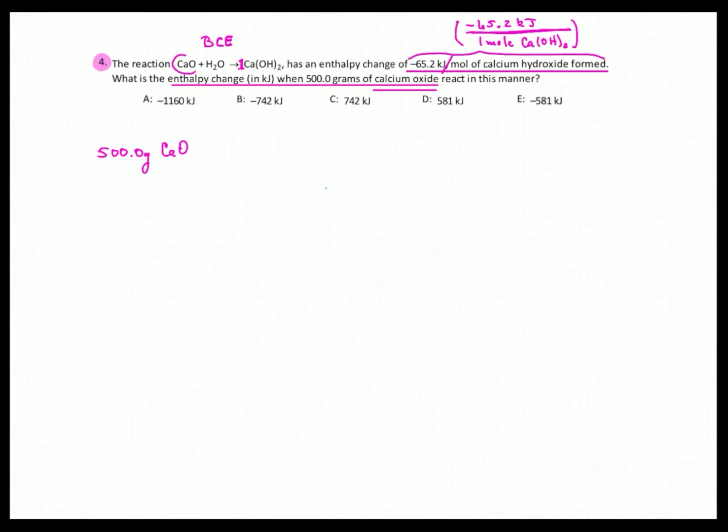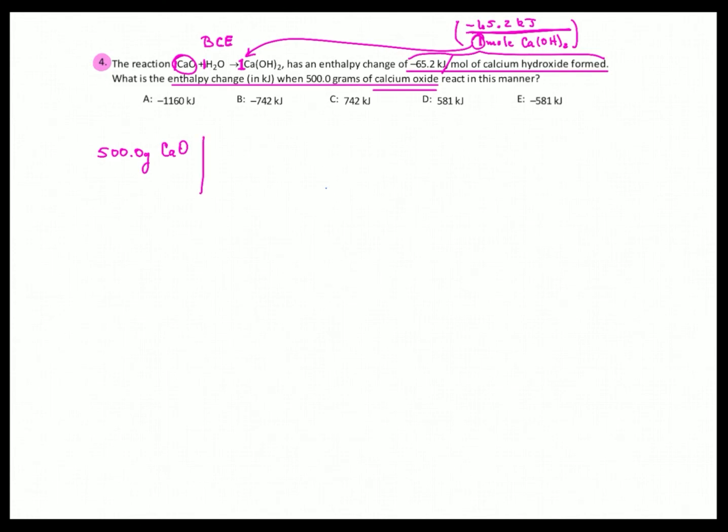So it's telling us how much of this is going in, and it wants to know heat coming out. Because the relationship they gave us was per 1 mole of calcium hydroxide, and that it is a 1 in the equation, then I know that it's also that amount of heat for every 1 mole of water and for every 1 mole of calcium oxide.